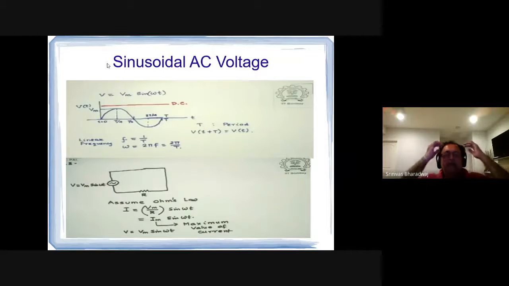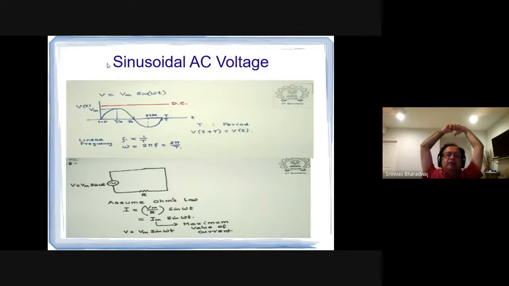We said that AC generators produce a sinusoidal wave. That sinusoidal wave, when put in circuits, has a peak voltage. Typically we discuss 2 or 3 different types of voltage. One is peak voltage, the other is RMS voltage.